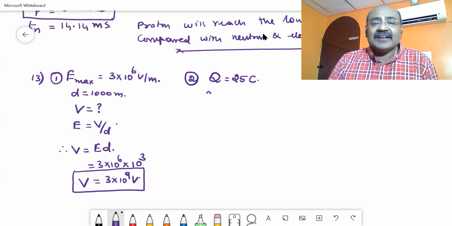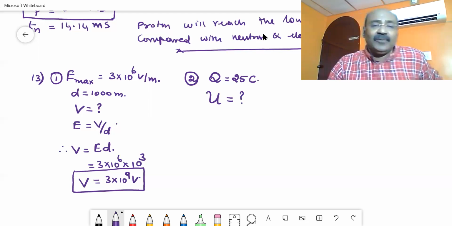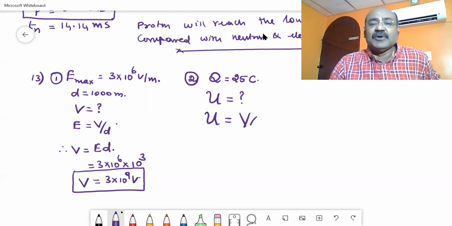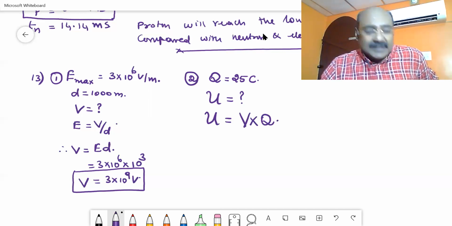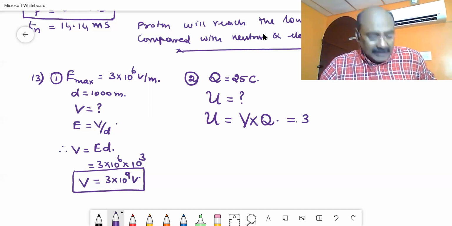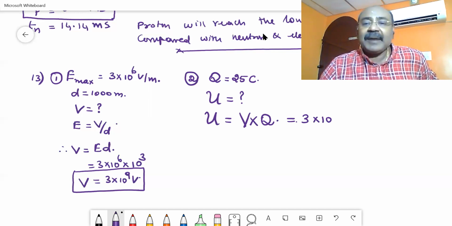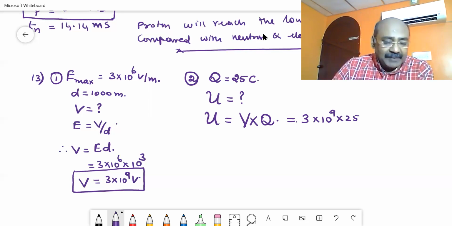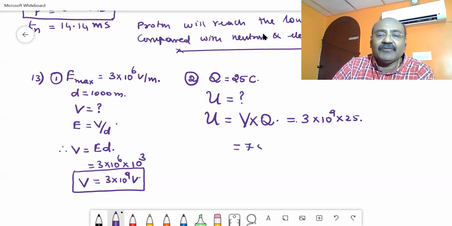So epsilon is being asked. As we know, potential energy is equal to potential difference multiplied with the charge moved. So what is the potential difference? Potential difference developed is 3 into 10 to the power of 9, multiplied with the 25 coulomb. So on multiplying, what will be your answer? You will be getting 75 into 10 to the power of 9 joules.